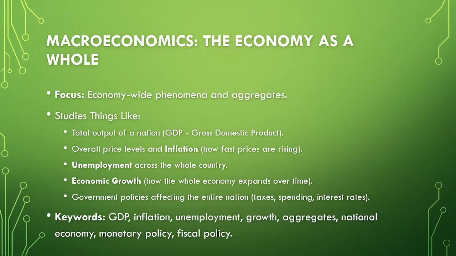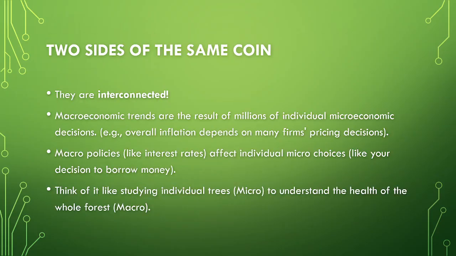But here is a cool part. Micro and macro are totally connected. What happens in macroeconomics, for example a recession, is made up of millions of microeconomic decisions, like people spending less and firms hiring fewer workers. All these microeconomic decisions affect macroeconomics.